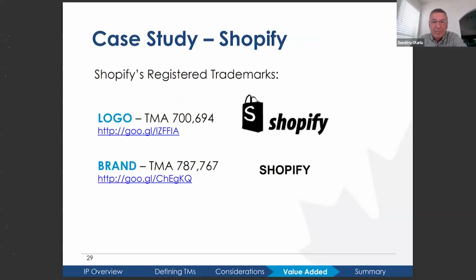Another case study is a famous Canadian trademark, Shopify. You have the logo. The logo also contains the word mark in a particular font, plus that image of the bag with an S on it. And the word mark is Shopify, as simple as that.